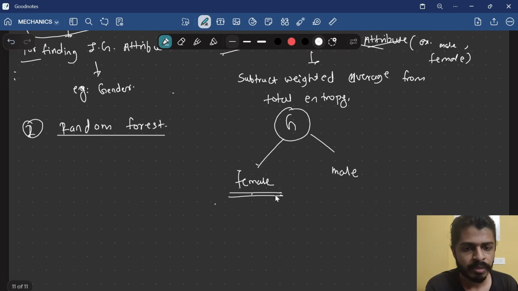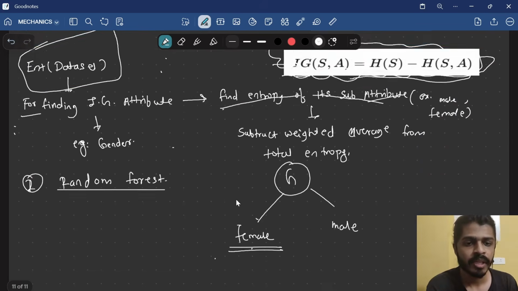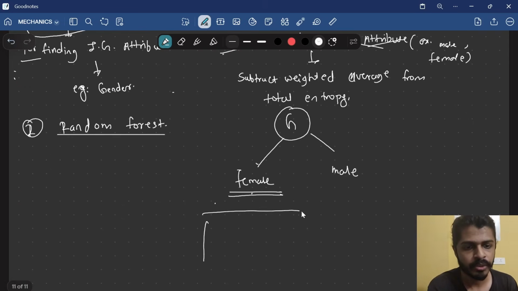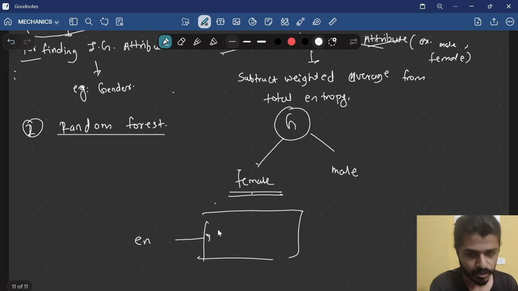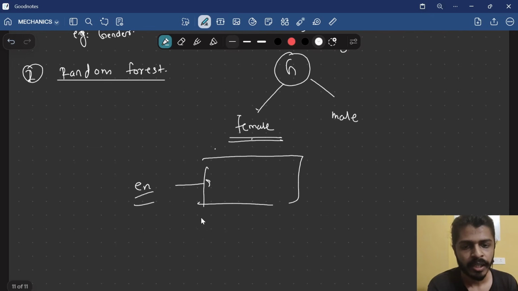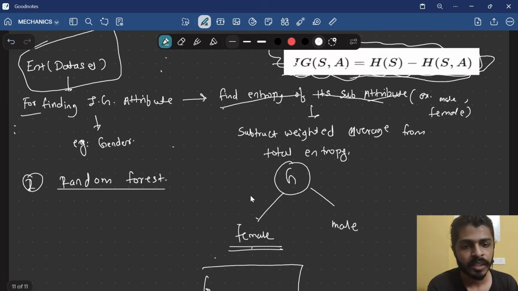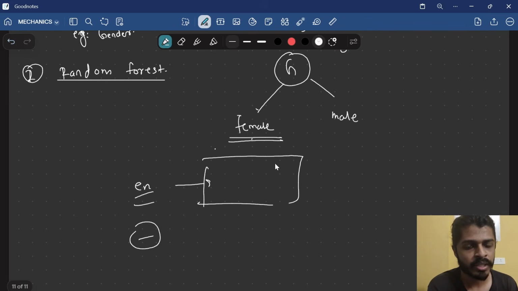First, you take a table with only the female entries. You form the new table and again find the entropy of the whole dataset, subtract the weighted average entropy of each remaining attribute from the total entropy, and find the information gain of all remaining attributes. Then you see which attribute has the highest information gain and put it as the next node. So that's how it works.